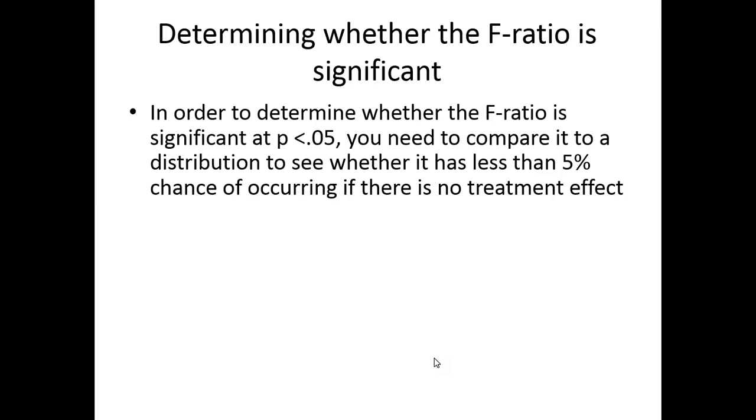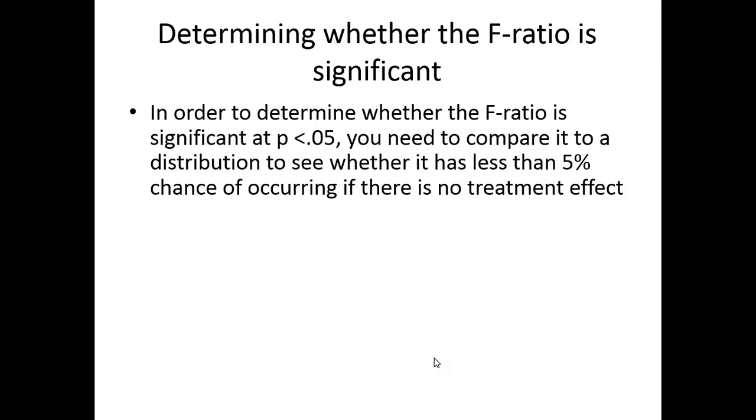So if you get an F ratio that is so large that you'd only get that F ratio 5% of the time or less, then you would conclude that that F ratio is unlikely to have occurred unless there was a treatment effect. It would only occur 1 in 20 times without there being a treatment effect, and so that's considered sufficiently unlikely to occur just by random chance for us to conclude that there is a treatment effect.